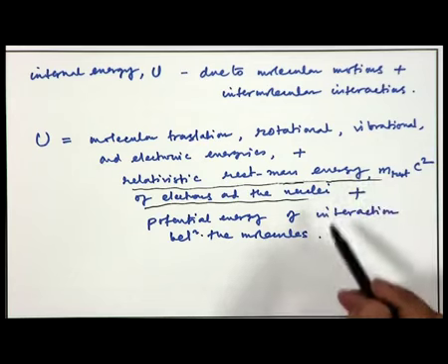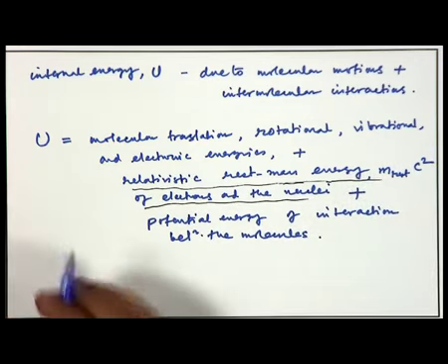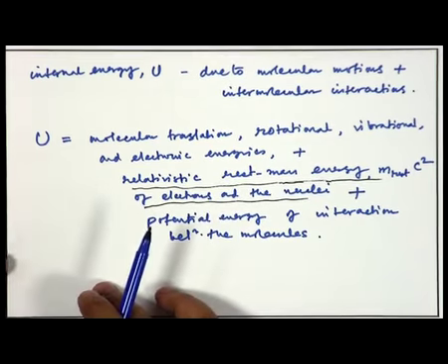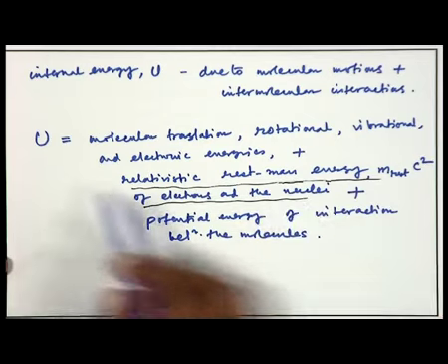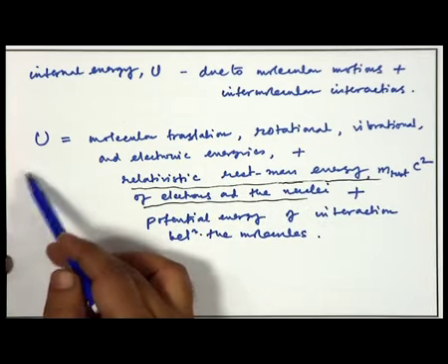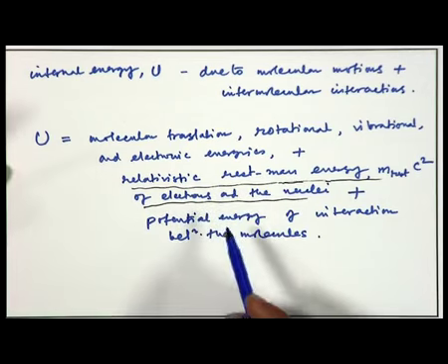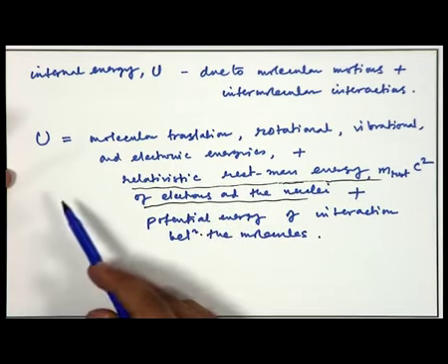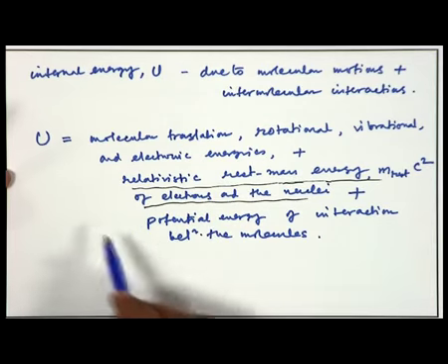That is the reason the absolute value of u cannot be determined, and this term is constant. So, if you take the difference of u between two states, then this term will cancel out. So, we can get the difference between the values of u in two states.